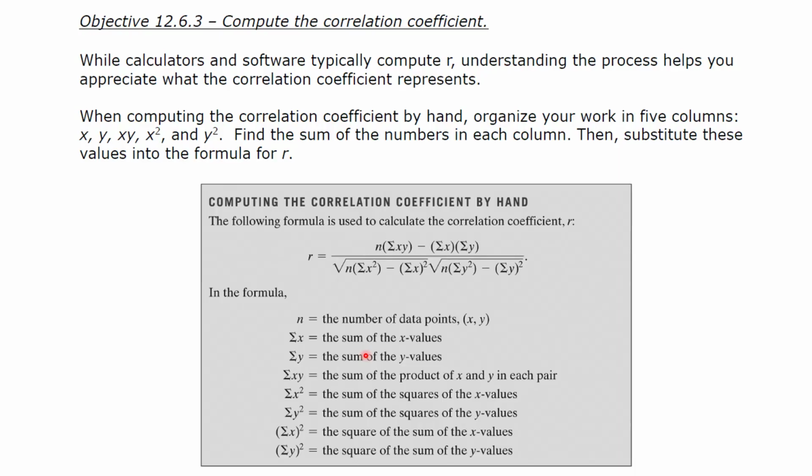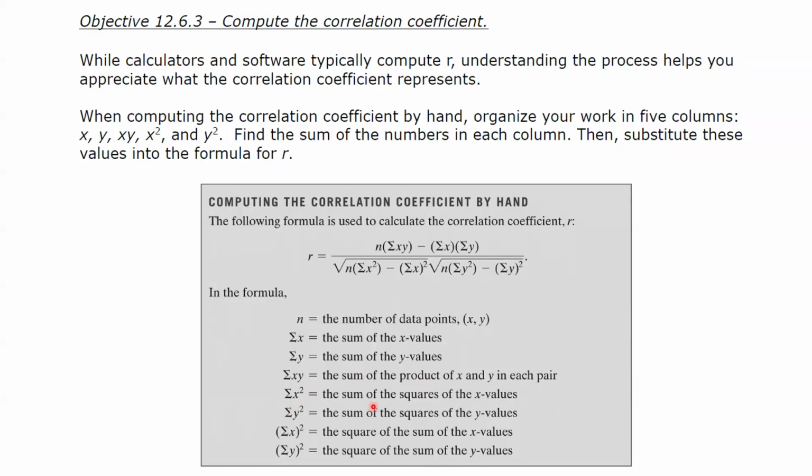This image gives us the formula for r, where we have 8 terms that we have to find. n represents the number of data points. The sum of x is the sum of all x values. The sum of y is the sum of all y values. The sum of xy is the sum of the products of x and y.